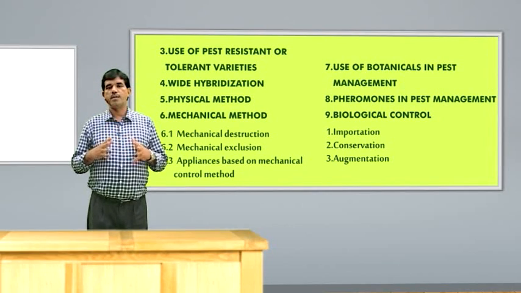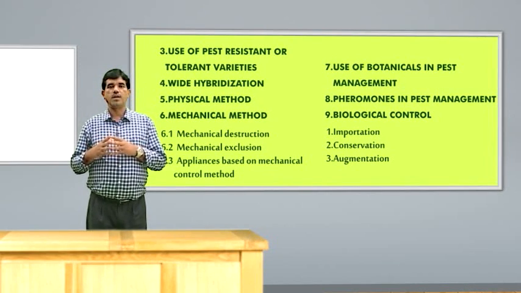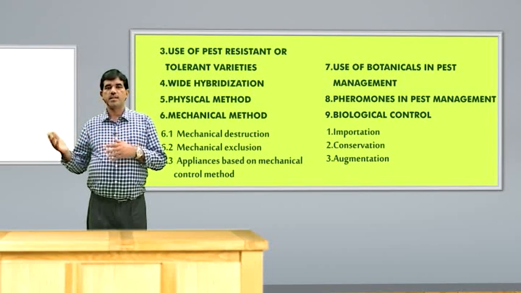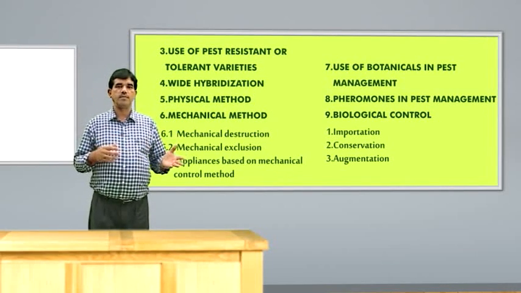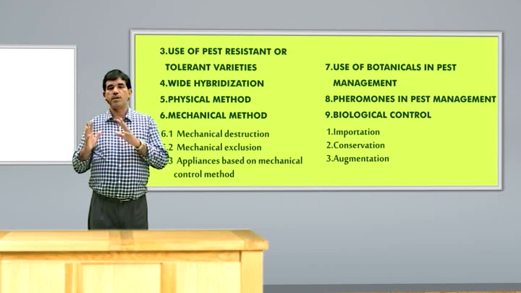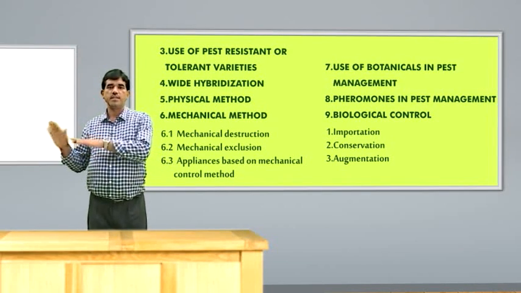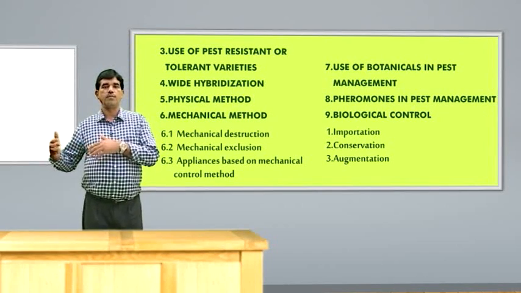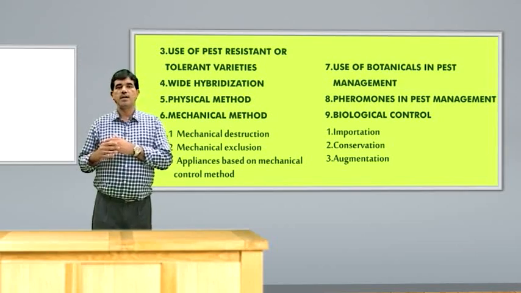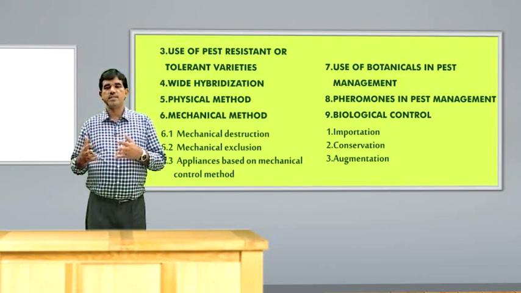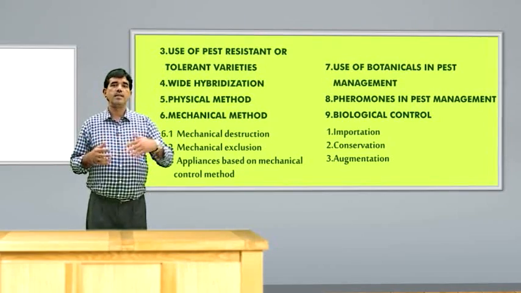The three important approaches in biological control are importation, where we bring these bioagents from other countries and use them directly in our fields; conservation, where these bioagents are conserved in situ, right in the field, so that their population is maintained over years; and augmentation, which is artificially growing or multiplying bioagents in the laboratory and then releasing them back to the field.